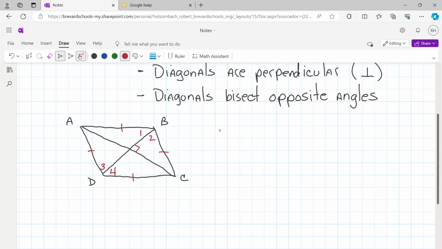So we're going to say that angle 1 is equal to angle 2. Angle 3 is equal to angle 4. All right, and then if we look at this other diagonal, we've got angle 5, 6, 7, and 8. All right, so angle 5 equals angle 6. And angle 7 is equal to angle 8.